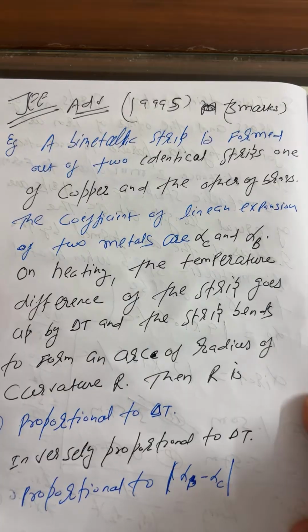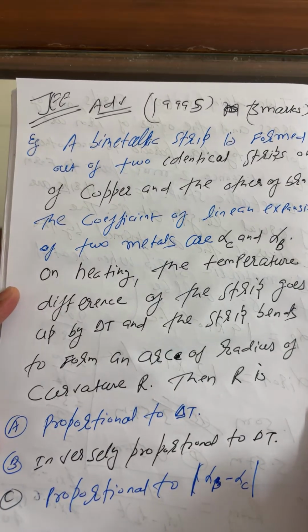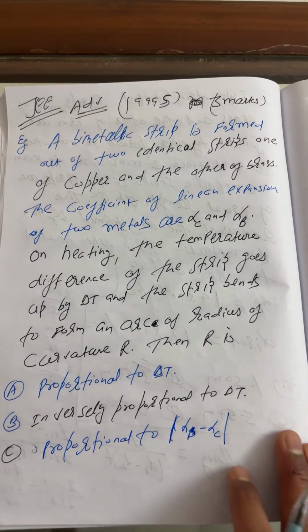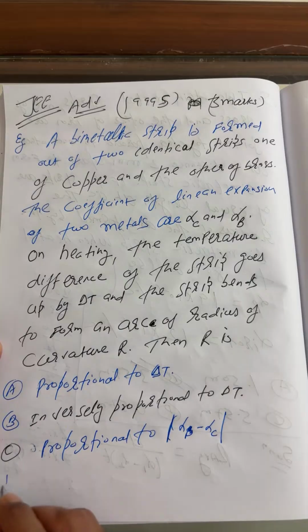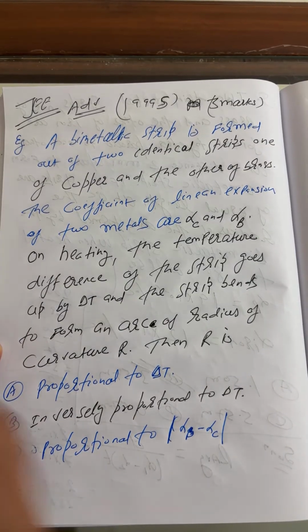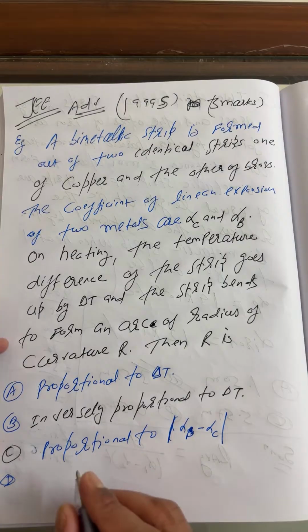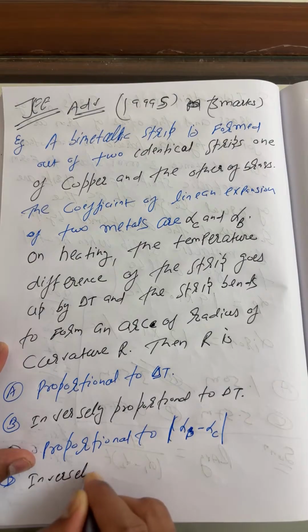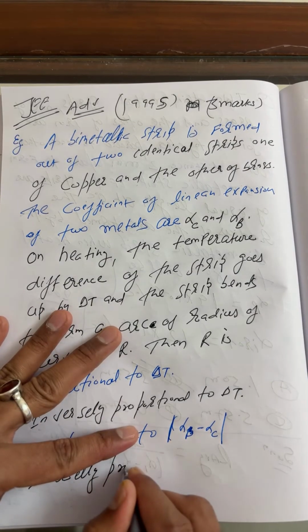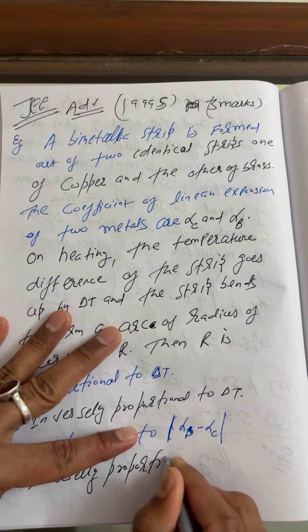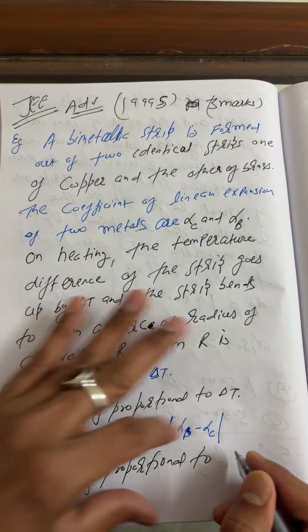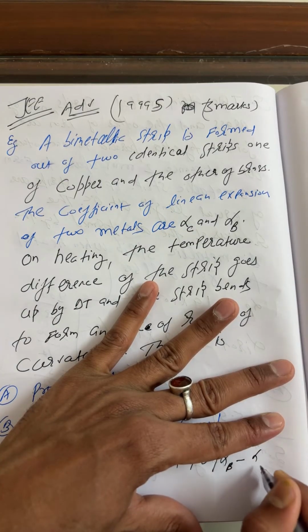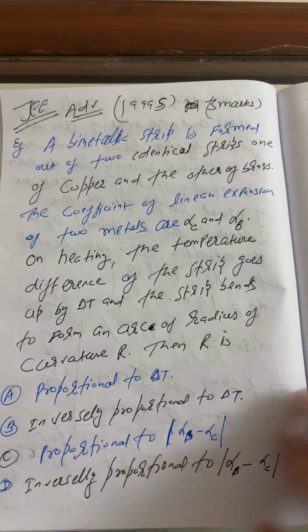And the last option: inversely proportional to alpha of brass minus alpha of copper.